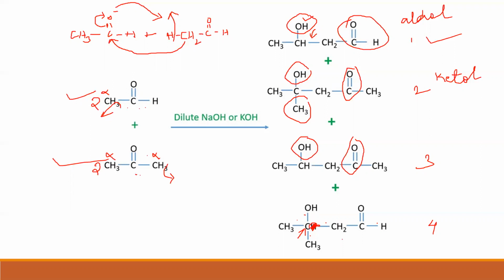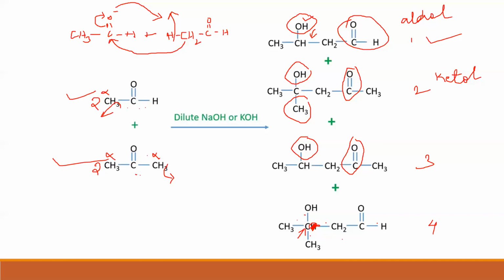If two same carbonyl compounds, it can be either an aldehyde or a ketone, combine in the presence of a base, then the aldol reaction is called self-aldol reaction. If two carbonyl compounds which are different combine with each other in the presence of base, then the reaction is called crossed aldol reaction.